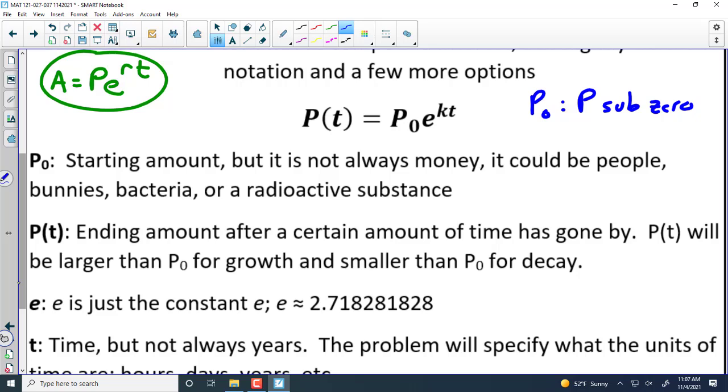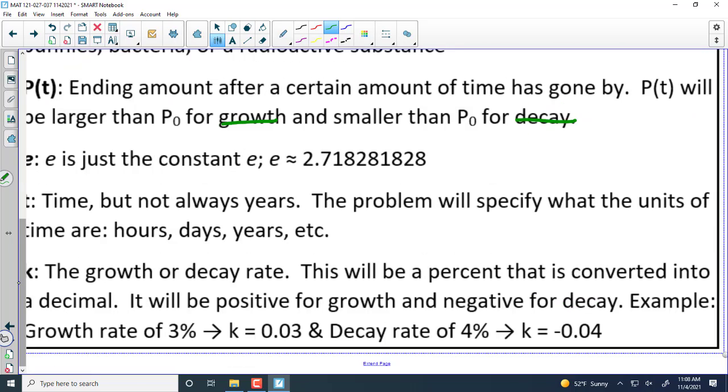Because we might have a city where a bunch of people are moving in, or we might have a city where a bunch of people are moving out. And the population's either growing or getting smaller. So with our interest problems, we always ended up with more at the end. But sometimes here, we will end up with less. It all depends on if they're talking about if we are doing growth or we're doing decay. Getting bigger or getting smaller.